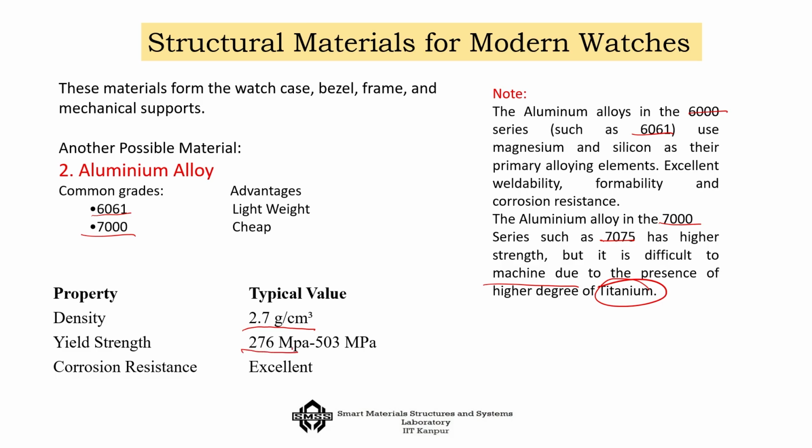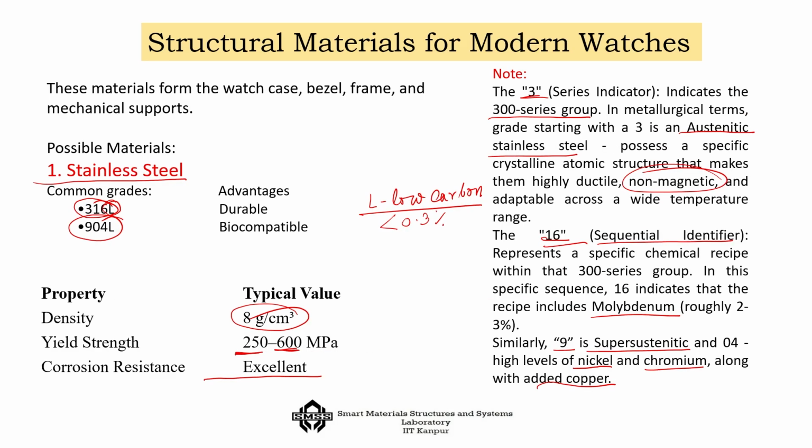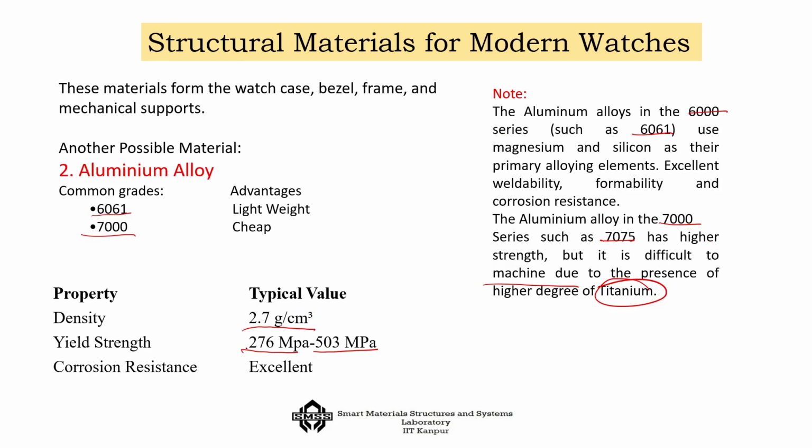So, you are compromising in comparison to steel, but if you go for 7075, you get about 503 MPa. If you go back and check, you were here about 600 MPa and here you are about 503 MPa. So, that is quite a great achievement if you go for 7075.